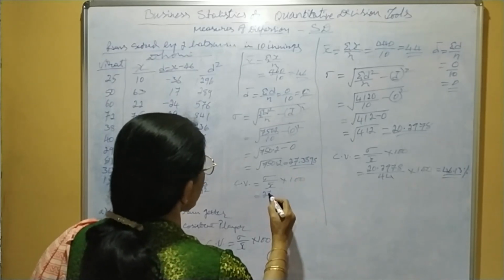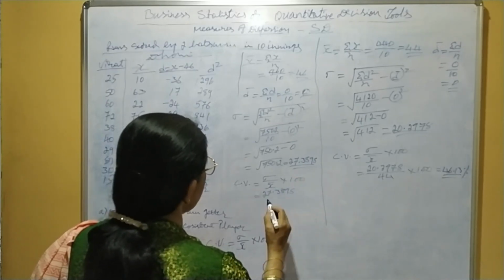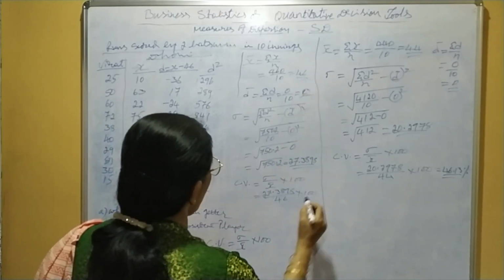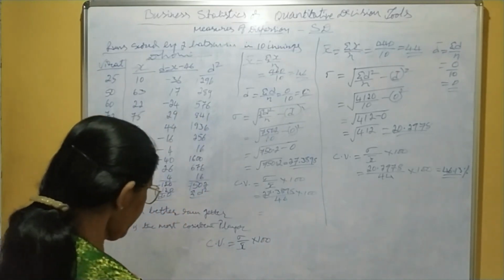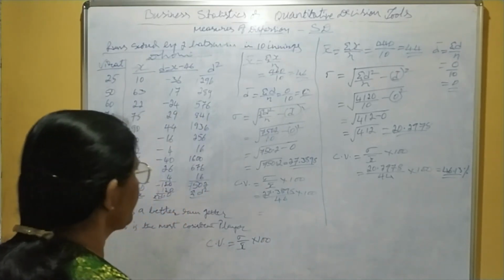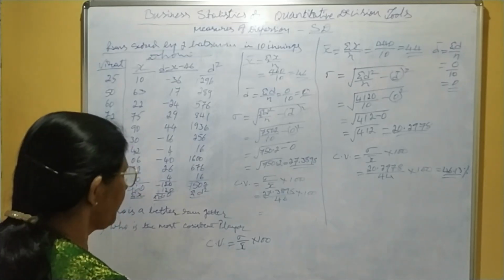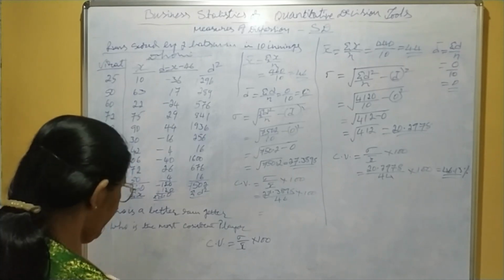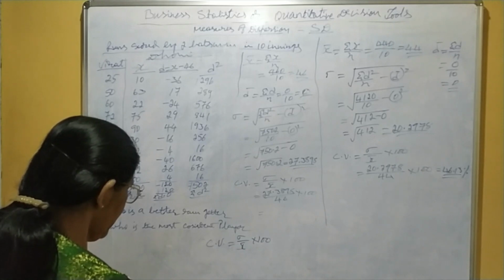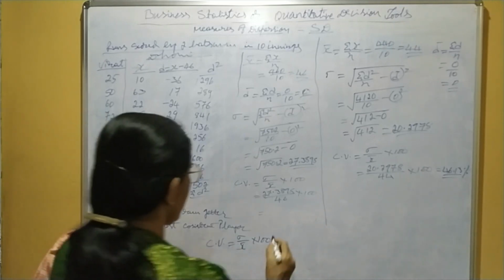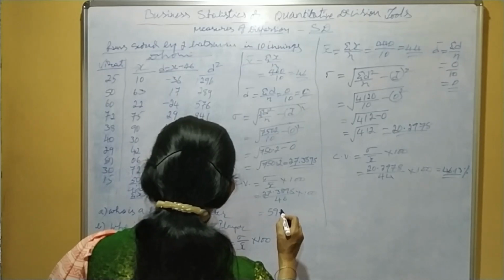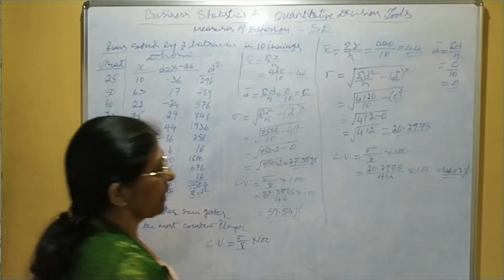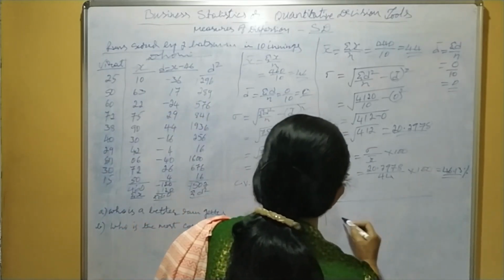Standard deviation 27.3898 divided by x bar, which is 46, into 100. It comes to 59.54%.